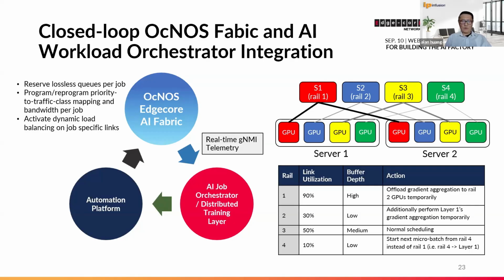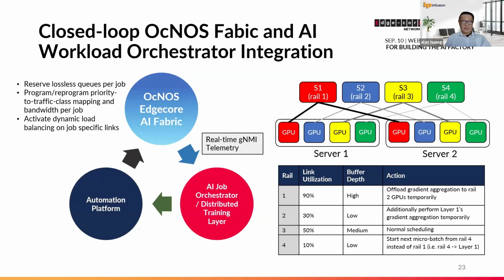Normally, rail 1 will carry that computation, but in the event of congestion like this, which is informed by the telemetry, it can do a different arrangement, like what I said, offloading the gradient aggregation to rail 2 GPUs temporarily.